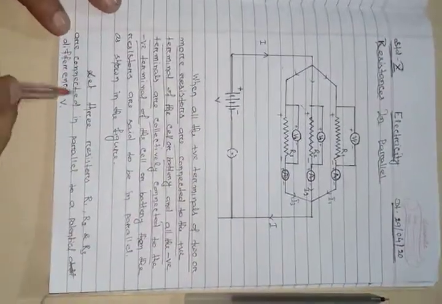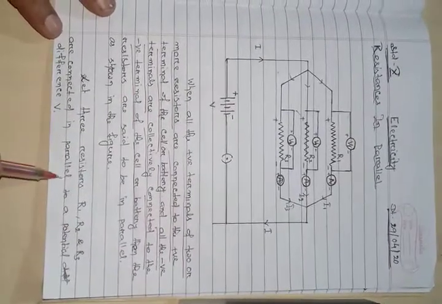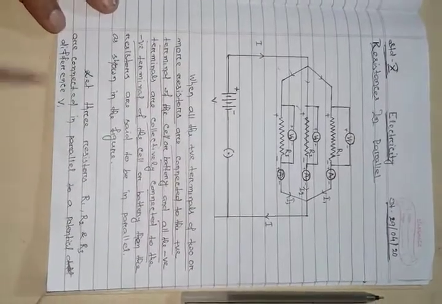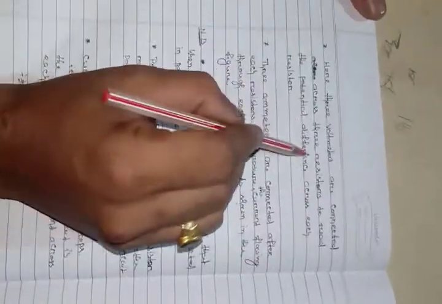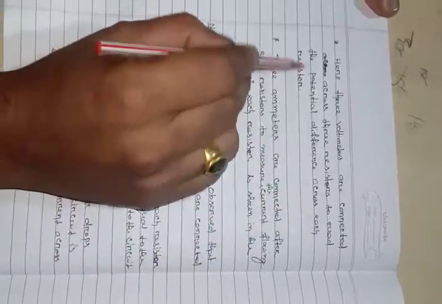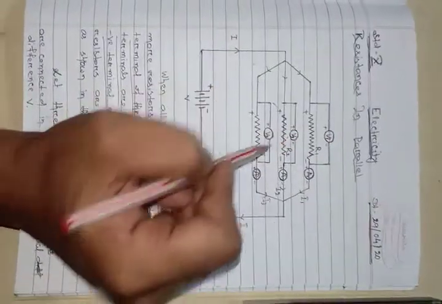So now let three resistors R1, R2 and R3 be connected in parallel to a potential difference V. So these three resistors are connected to the potential difference V here. Now here 3 voltmeters are connected across the three resistors to read the potential difference across each resistor: voltmeter 1, voltmeter 2 and voltmeter 3.